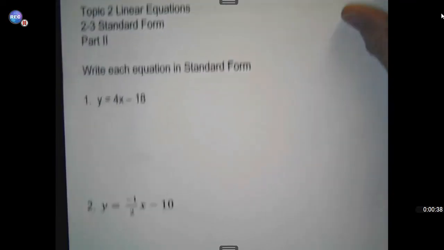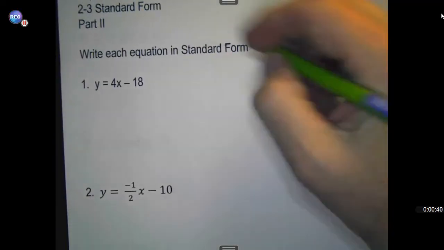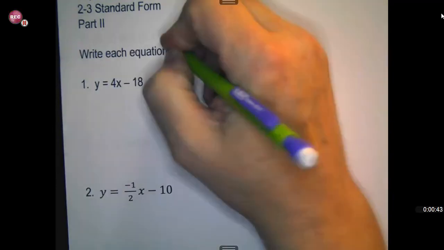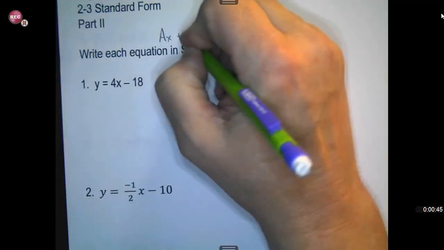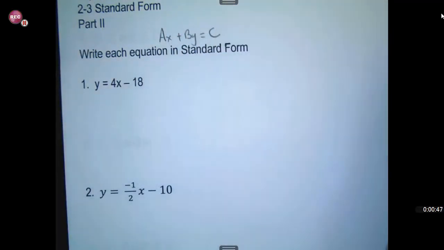So first of all, standard form, we want to change it so that it's in the form ax plus by equals c, okay?